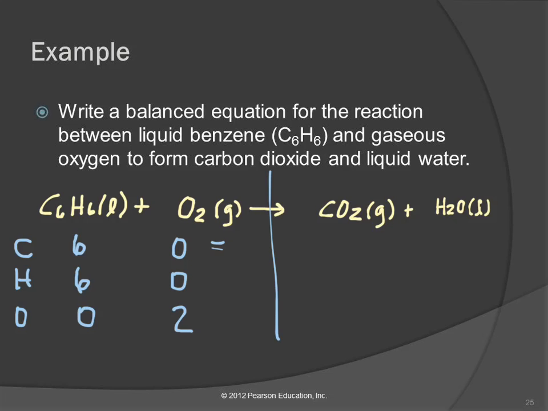When we add those up, we get 6, 6, and 2. Over here, CO2 has 1 carbon, no hydrogens, 2 oxygens. Water has no carbon, 2 hydrogens, 1 oxygen.